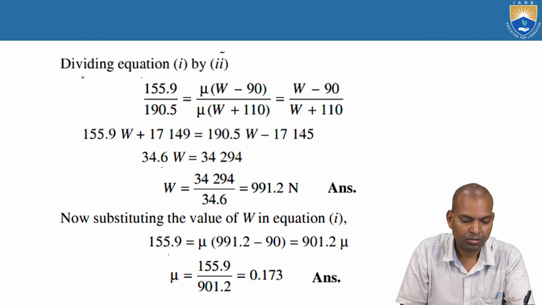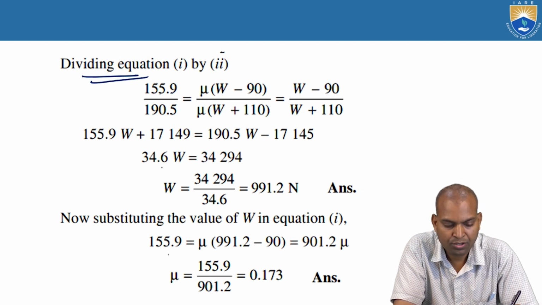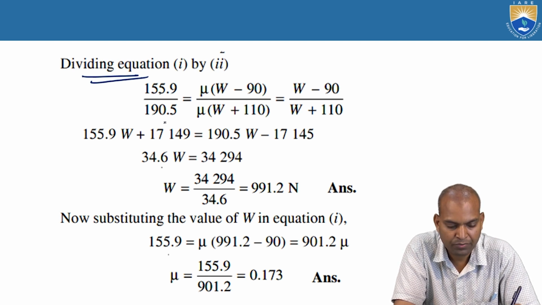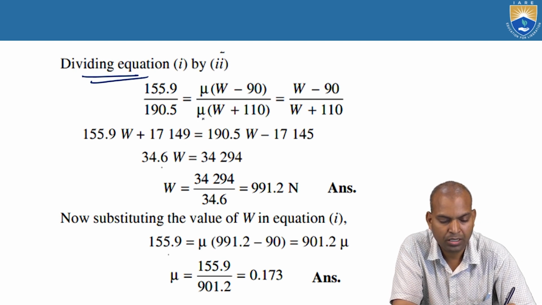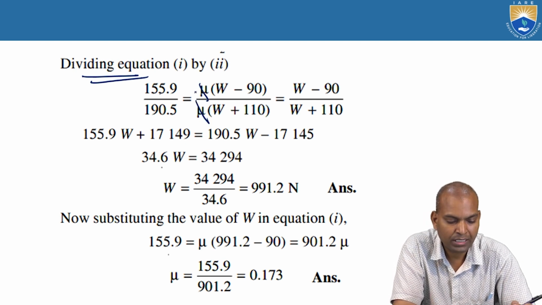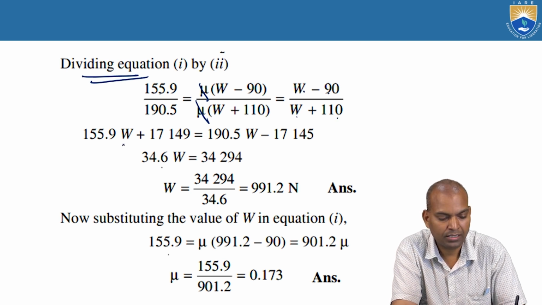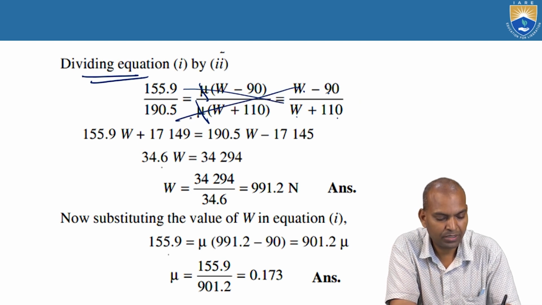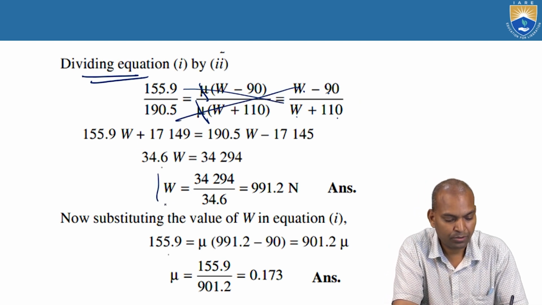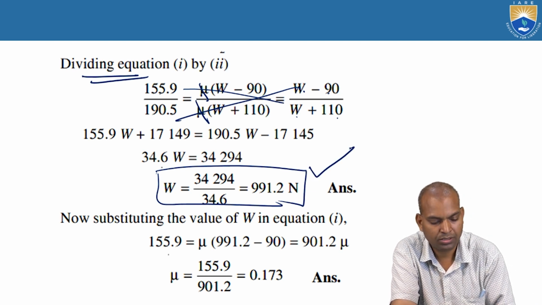So 155.9 by 190.5 equals mu times (W minus 90) by mu times (W plus 110). Mu gets cancelled. From this, after cross multiplication, you get W. That is W is 991.2 newtons.